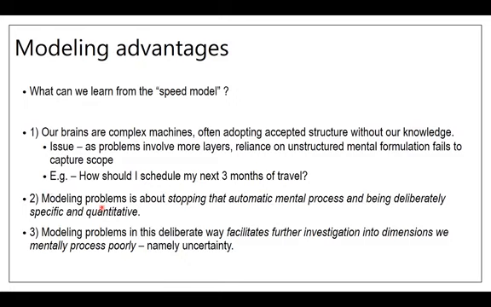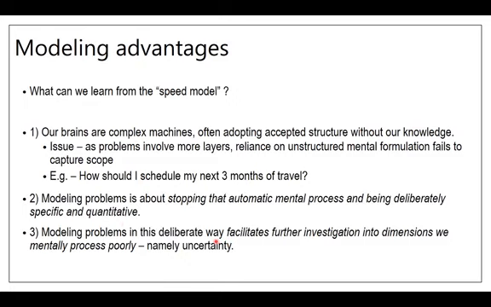And something I like to talk about is that modeling problems is in many ways about stopping or breaking that automatic mental process. We might think we understand a profit model quite well, but let's stop and let's break it apart. Let's be deliberate, let's be specific, and let's be quantitative as we describe it and see what we can learn and see how it might improve the way we think about it.